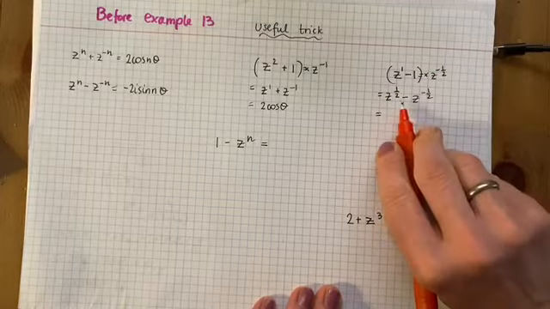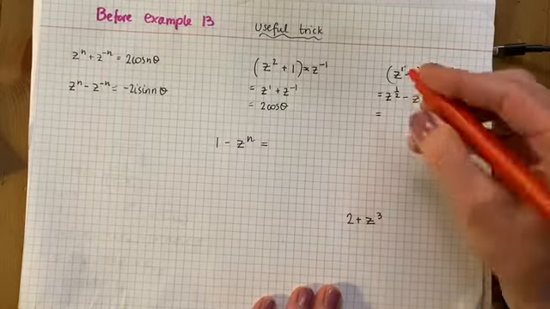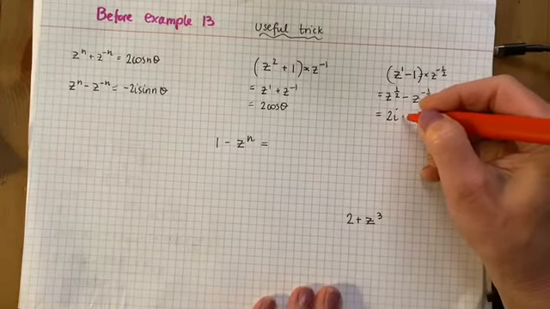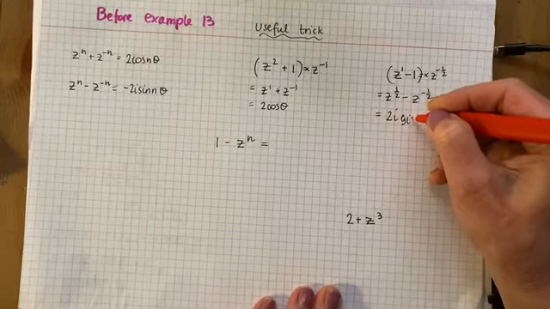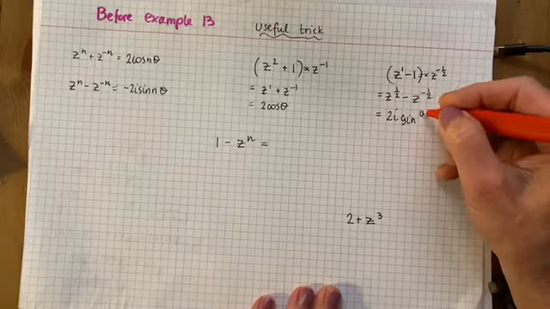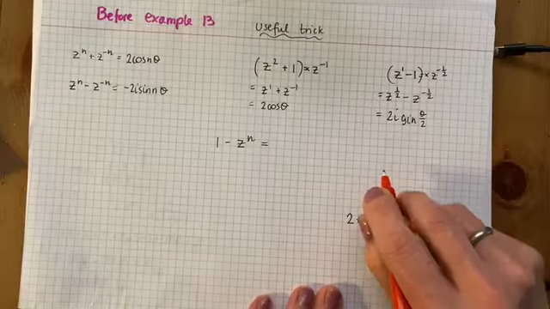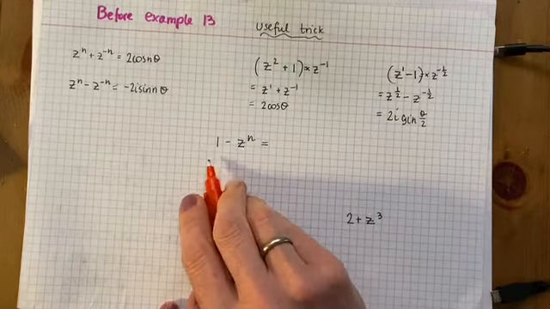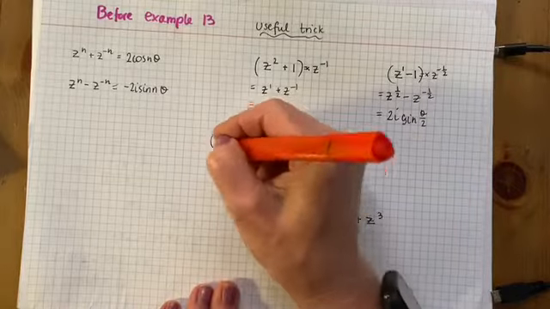This one is going to be with a minus, so it's 2i, the second identity, sine, almost wrote cos, theta over 2.